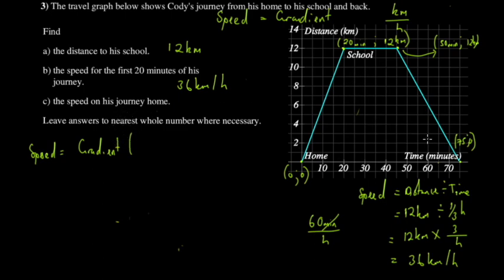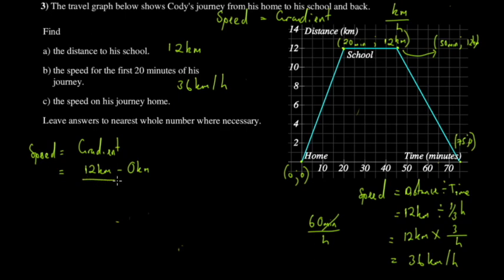You can also write the interval, 50 minutes to 75 minutes, whatever suits you, but it's essentially the gradient here. The gradient is equal to change in y over change in x. The change in y is 12 kilometers minus 0 kilometers.